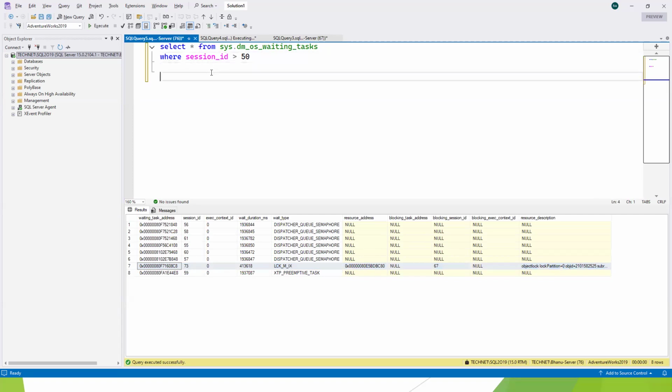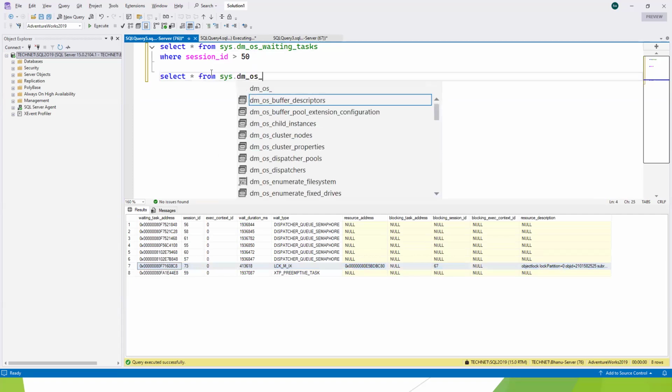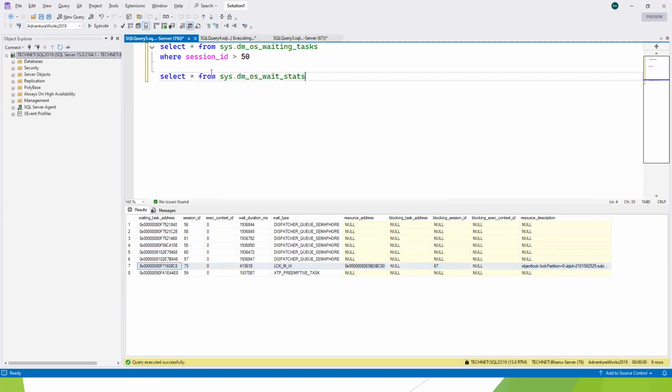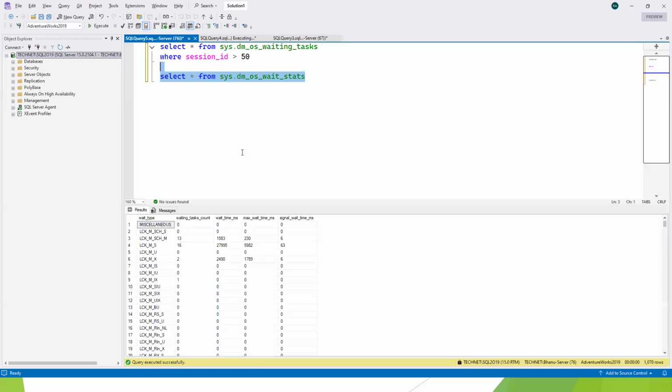We will talk about this DMV, and we have another DMV called sys.dm_os_wait_stats. This will tell what the wait time is since my SQL service was restarted, right?